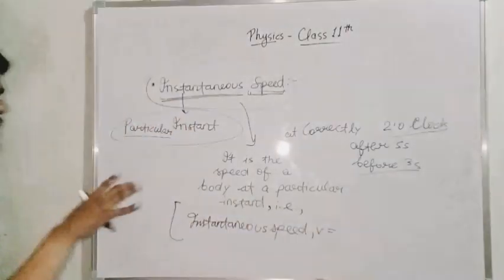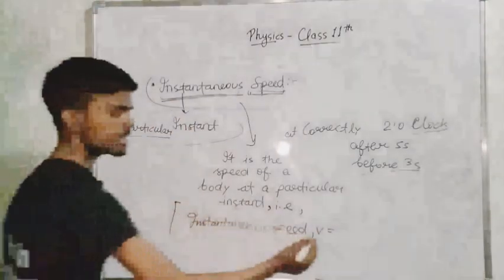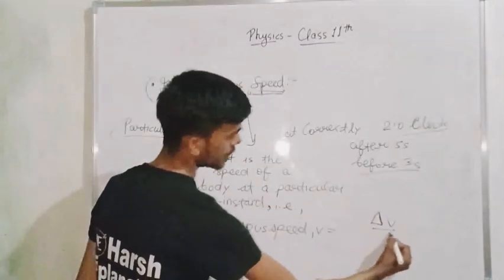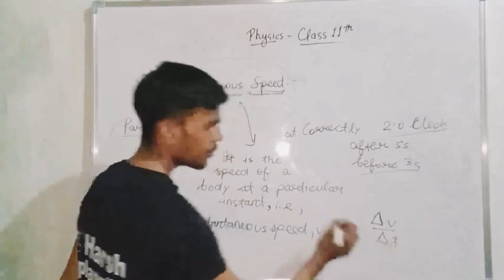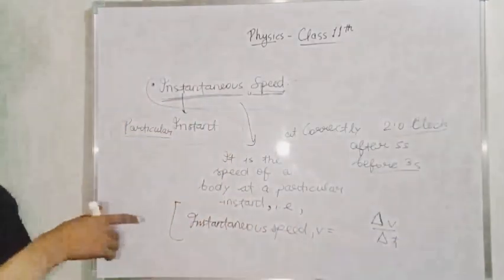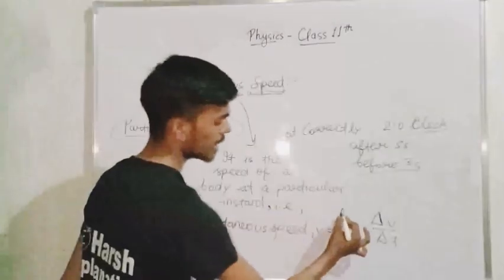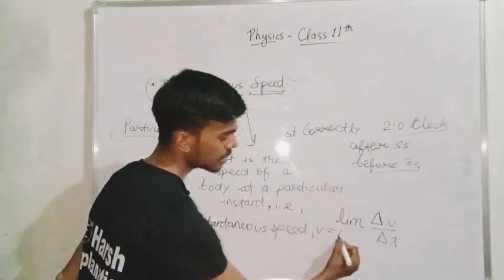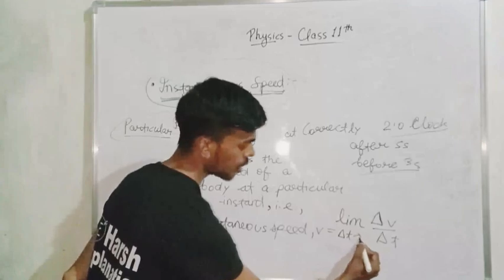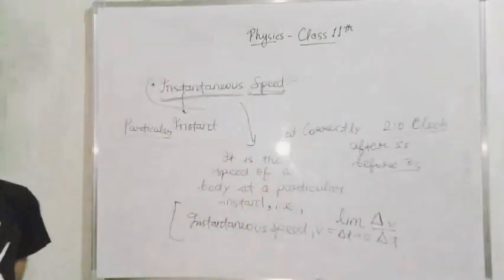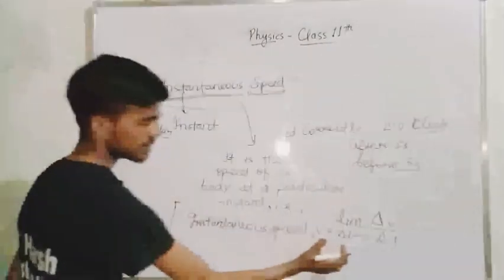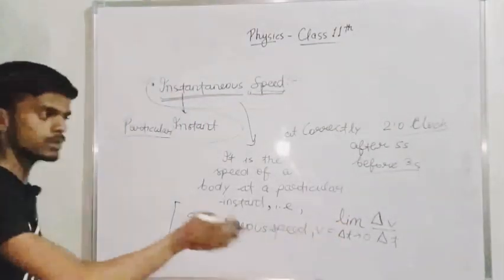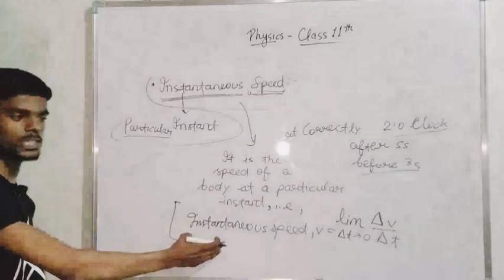It gives us the speed, but the speed is such that it tells us about the speed at that time at which our time tends to 0. That speed is known as instantaneous speed.